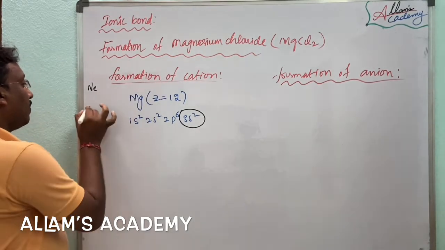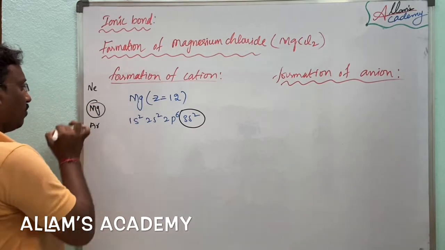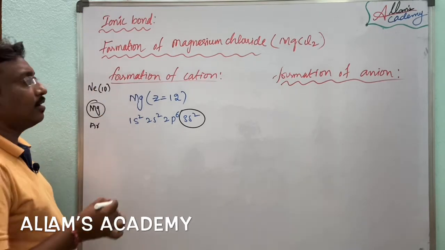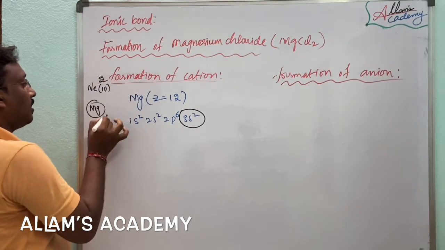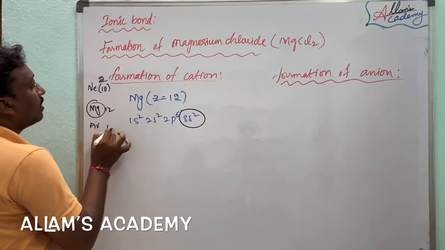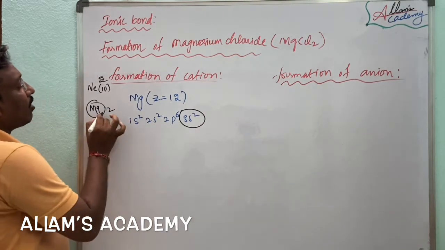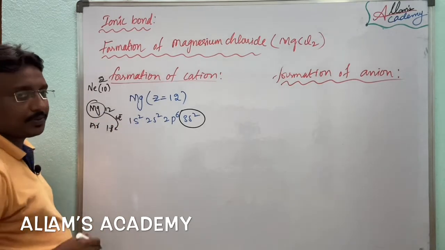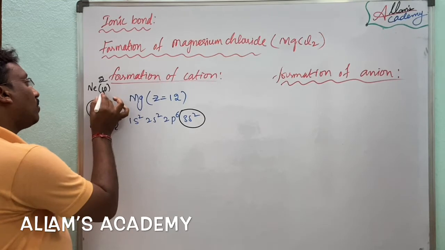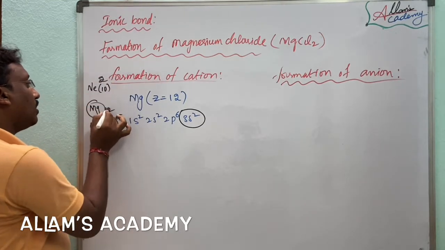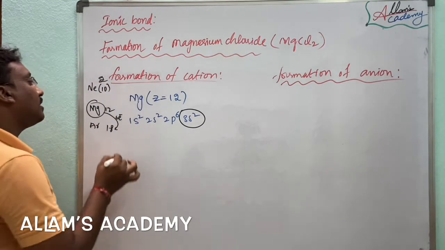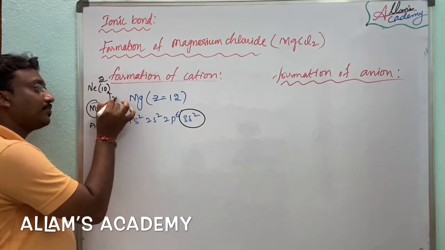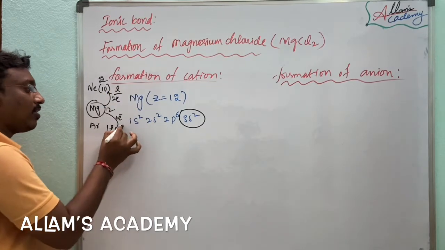Neon's atomic number is 10, magnesium's is 12, argon's is 18. To get argon's electronic configuration, it would require 6 electrons, and to get neon's electronic configuration, it should lose 2 electrons. Which is better, losing or gaining?